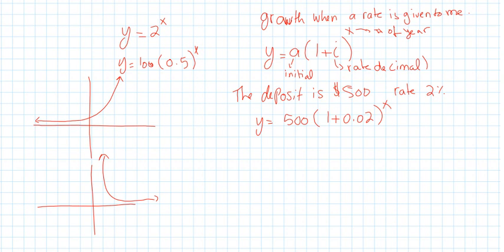Instead of x, we're going to put 10, because now I'm specifying the x value. But for now, this is going to stay like this: y equals 500 with a base of 1.02 to the power of x. Do you guys understand that part?